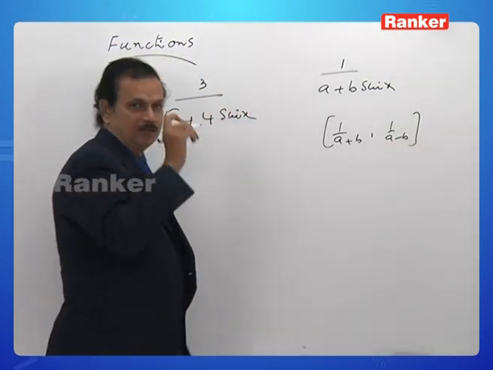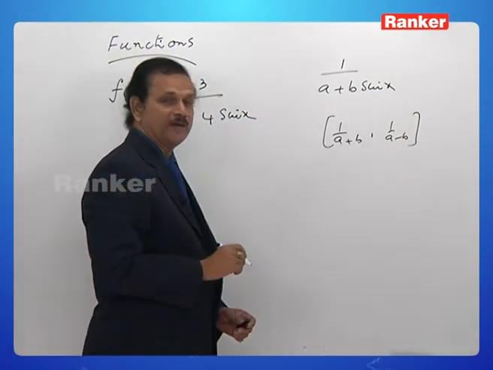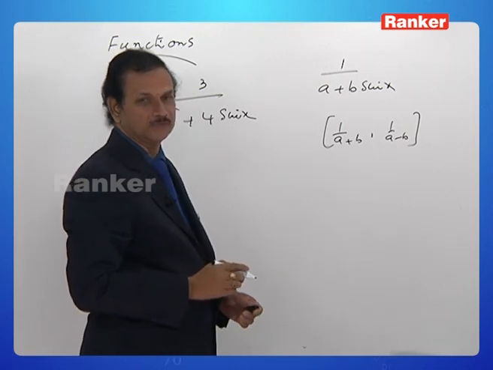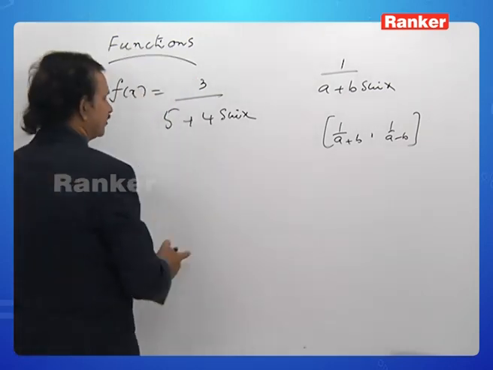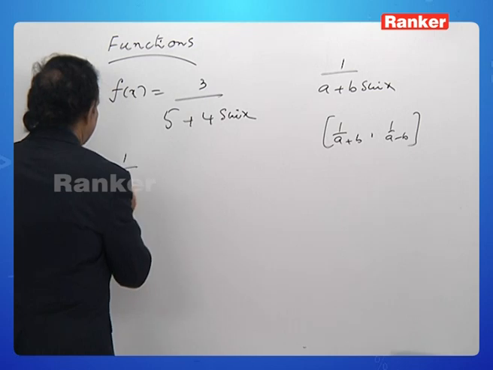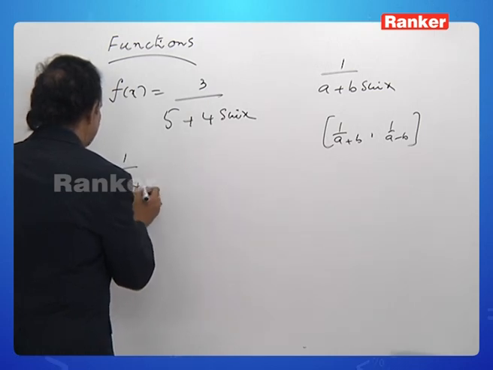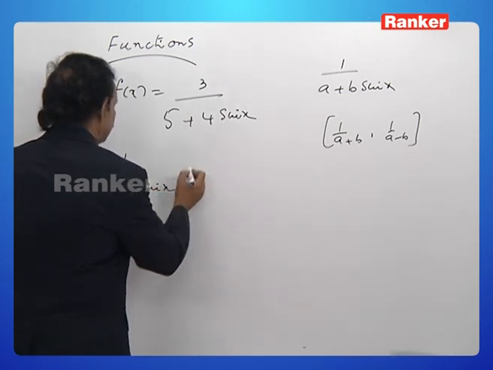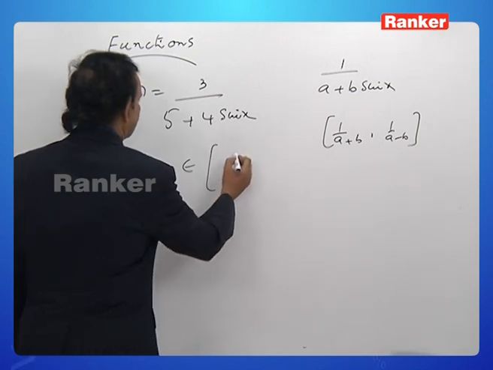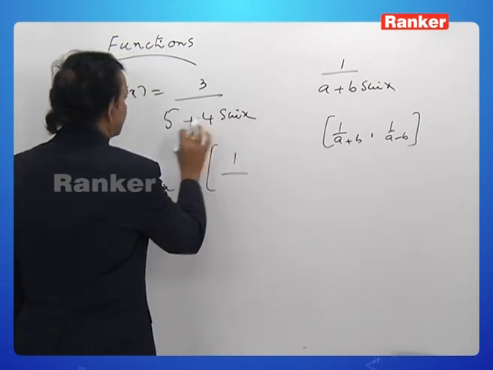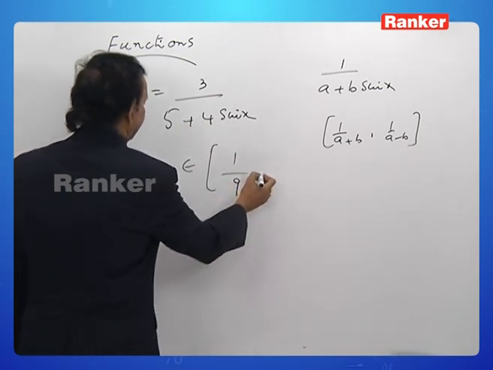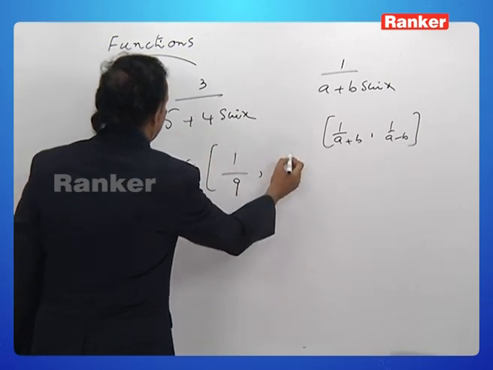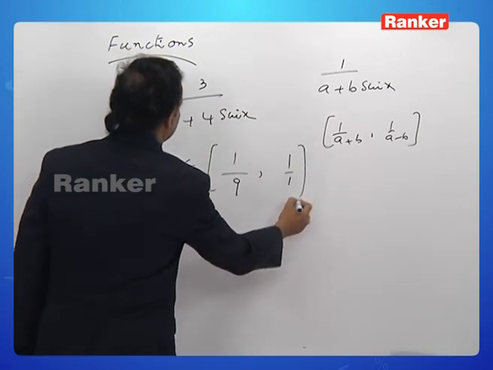Let us recall it. And it can be used when and only when a is greater than b. Yes, according to that, 1 by 5 plus 4 sin x belongs to 1 by a plus b, 5 plus 4 is 9, to 1 by a minus b, 5 minus 4 is 1.